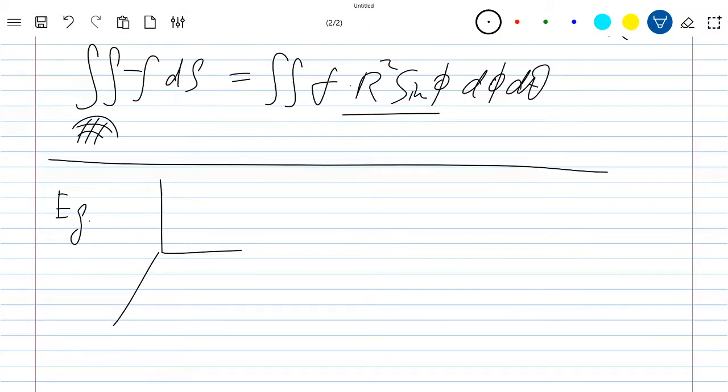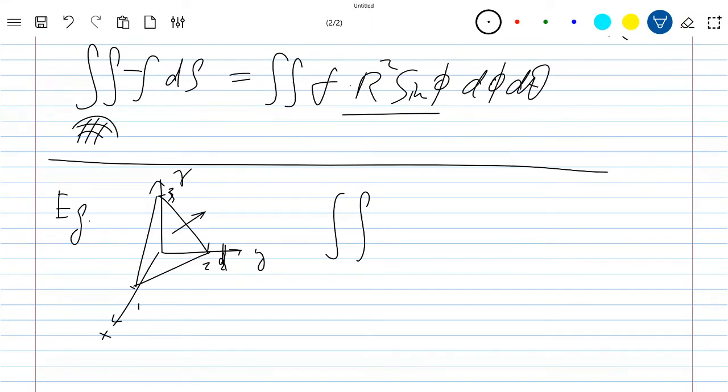Say you have x, y, z, and you have a point 1 here, 2 there, 3 on the z-axis, and you connect them. And then you get a triangle, right? So let's find out the integration over this triangle.